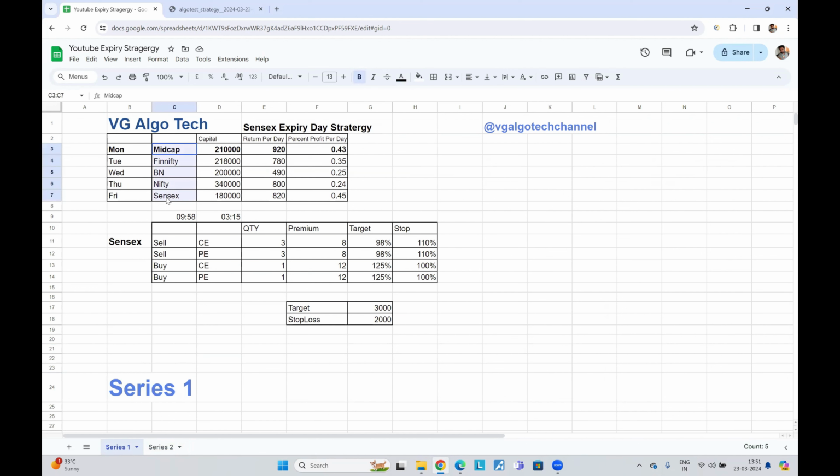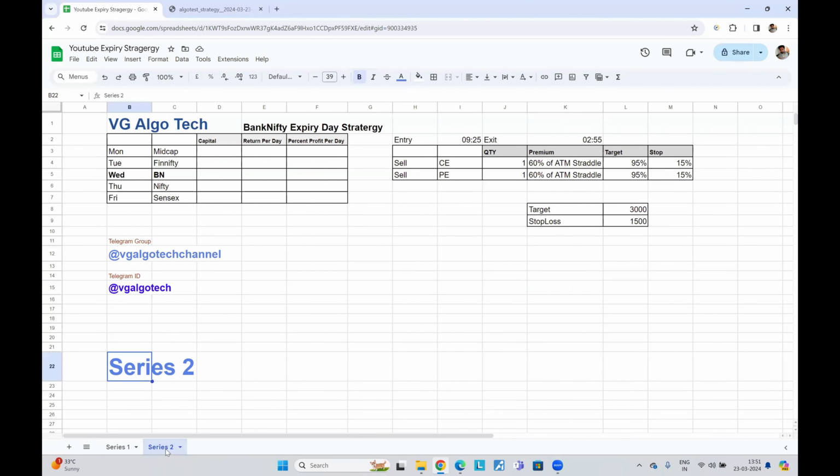As we are talking about series 2, I have created a new sheet here and mentioned it as series 2. For series 1, you can see all the results here that we did for all the 5 indexes. Entering into series 2, for now I have highlighted the Bank Nifty one. So we are into the Bank Nifty expiry day strategy.